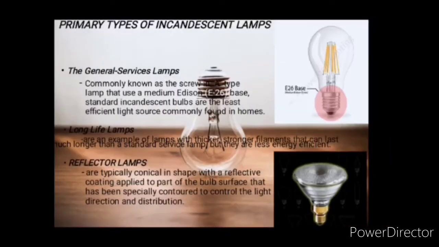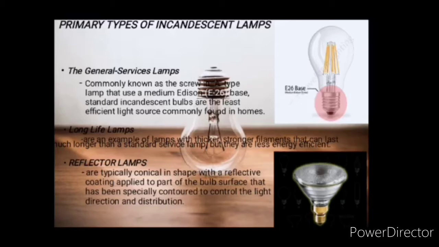The primary types of incandescent lamps. The first one is the general services lamps. So as you can see, sa right side, mauna ang sample sa General Services lamps, or commonly known as the screw-in A-type lamp, nga gagamit og medium Edison E26 base.